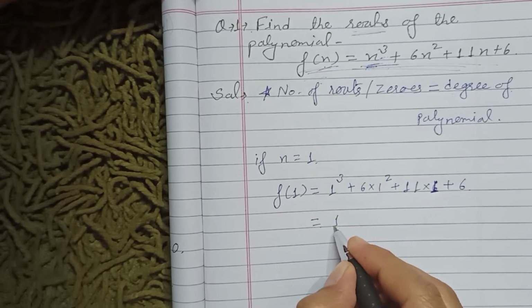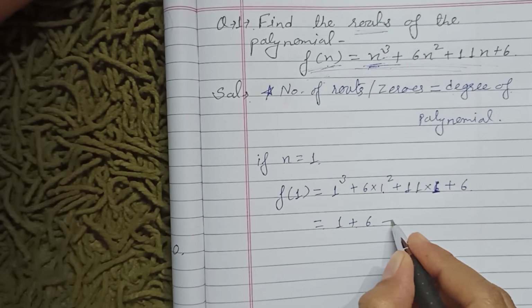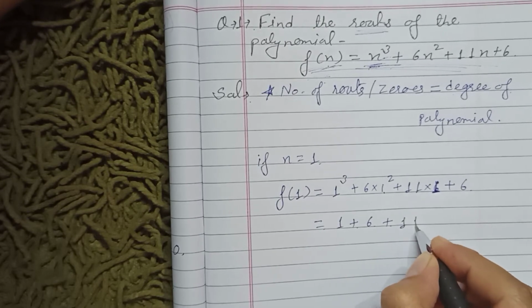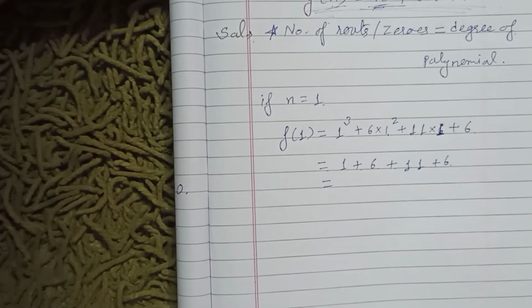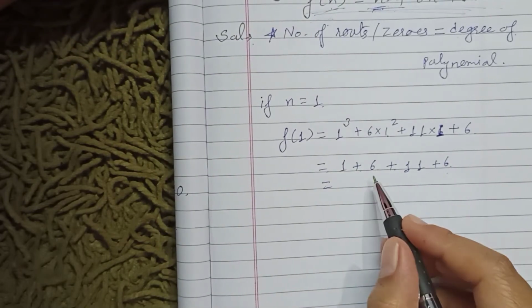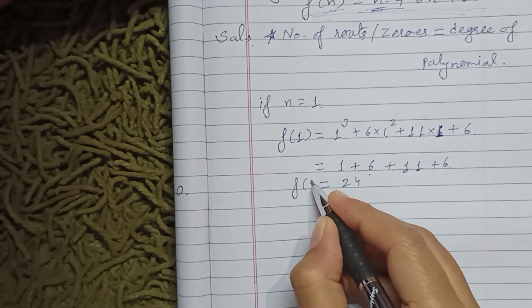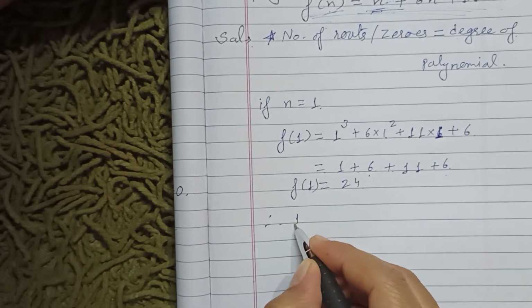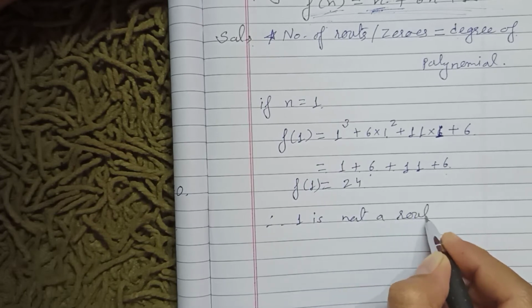What will you get? 1 plus 6 into 1 is 6, 11 into 1 is 11, plus 6. These all will get added and you will get 6 plus 6 is 12, and 12 more is 24. f of 1 is 24. Therefore, 1 is not a root of the given polynomial.